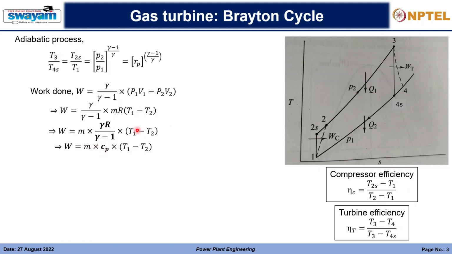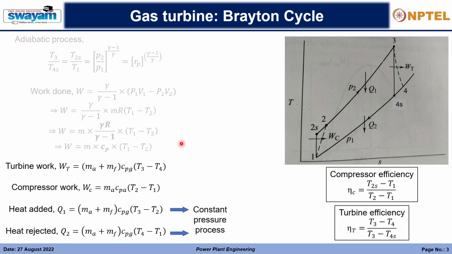Although this formula is generally applied in 1 to 2 or 3 to 4, you can see that these are not constant pressure processes, but yet we are getting a term like this, so we can use this Cp term at the inlet conditions to calculate the work done in each case. Normally we cannot use it because there is a change in pressure and Cp changes with pressure, but since while deriving we are getting a term Cp, we will be considering it.